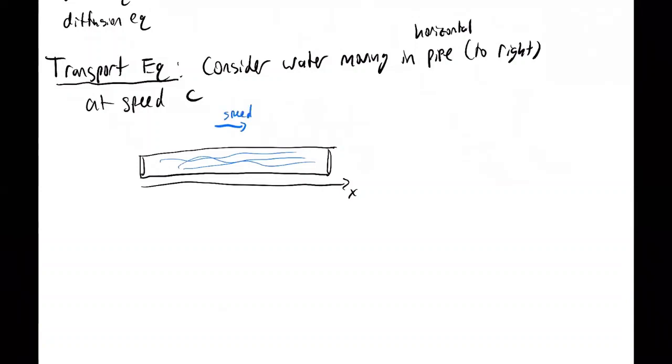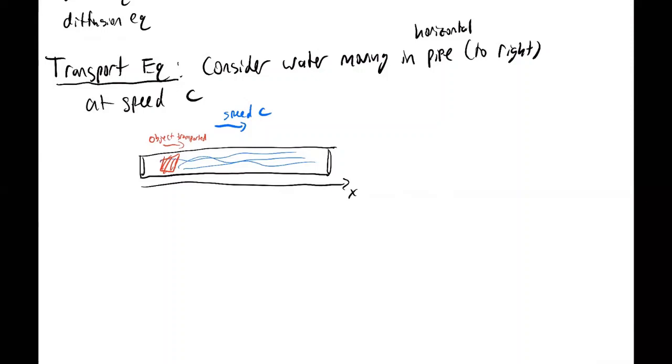The water is moving at speed c. Suppose that some foreign object or pollutant is placed in the water. Then we expect this foreign object to move with the water. So the object is transported by the water.